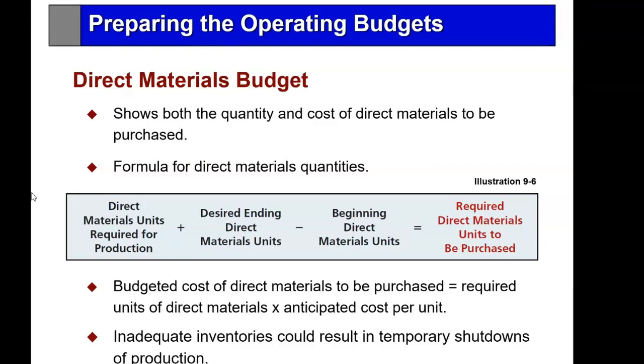So by the same formula that we just did for the production manager, we're going to do for the purchasing manager, but this time we're talking about direct materials required for production.